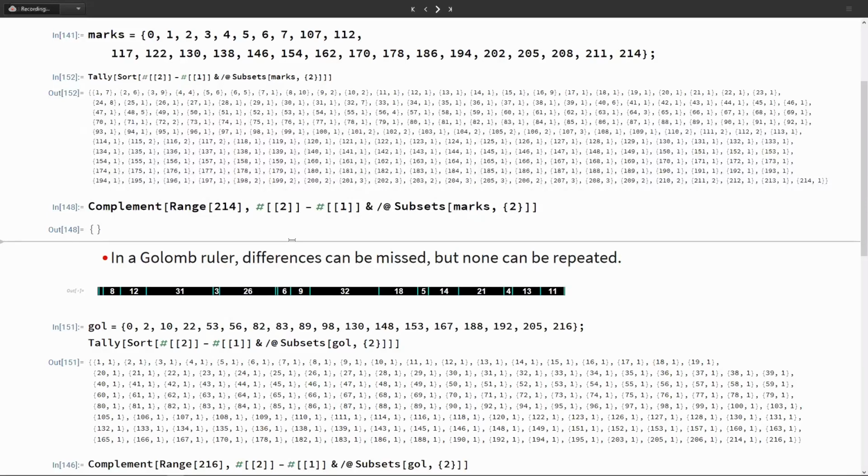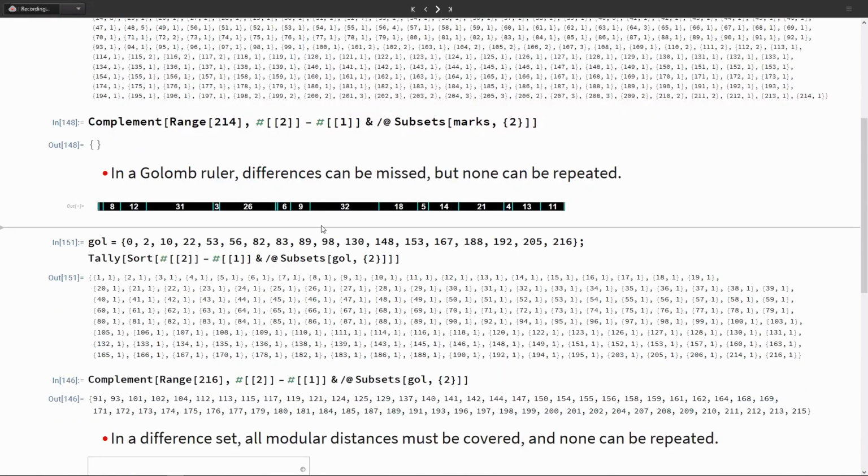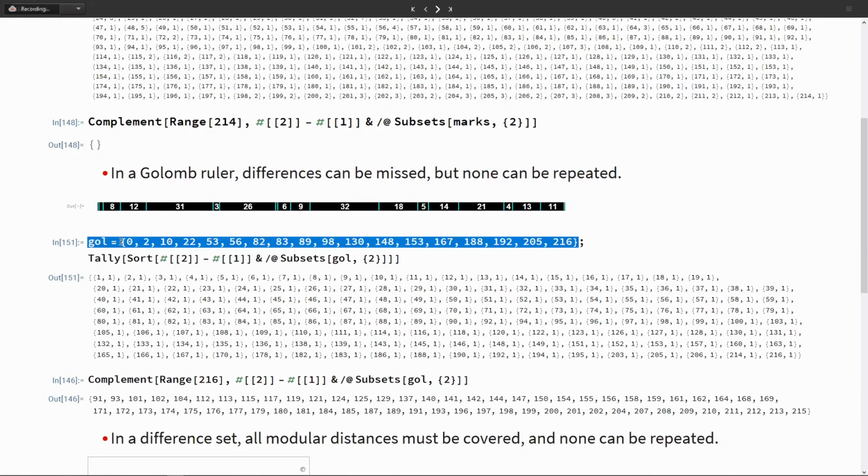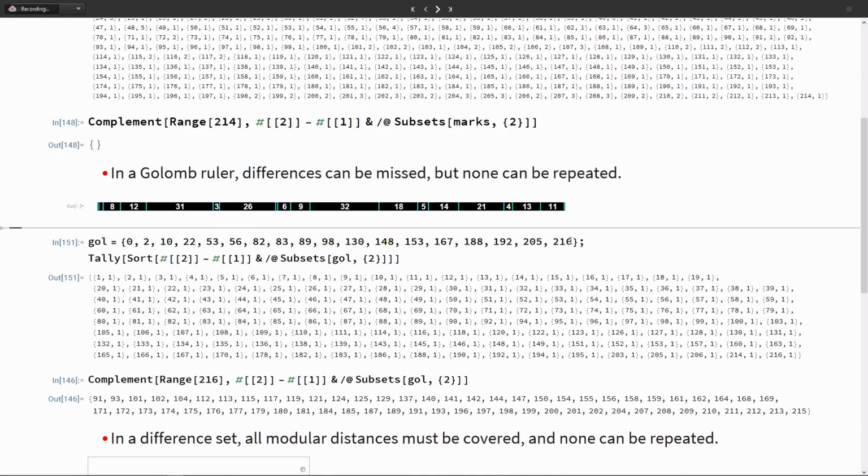In a Golomb ruler, differences can be missed, but nothing can be repeated. So if we do the same thing with this Golomb ruler of length 216, you'll see that everything here ends with a 1 when we tally all the possible differences. There's only 1 representation for each distance.